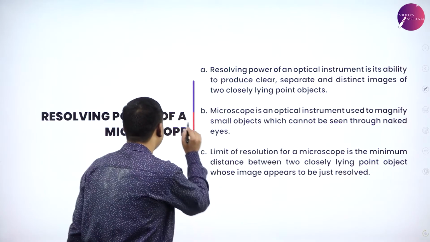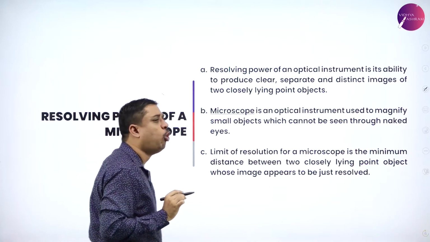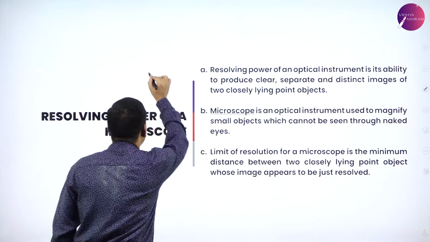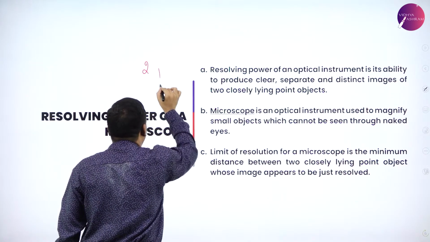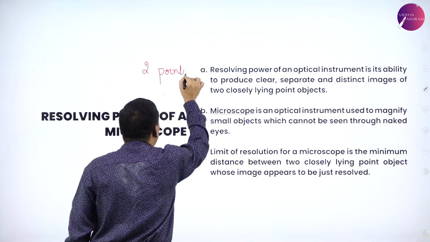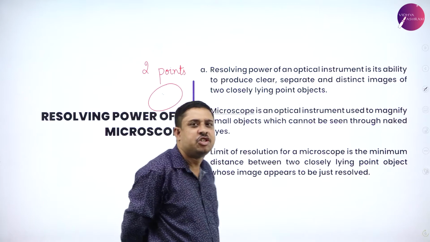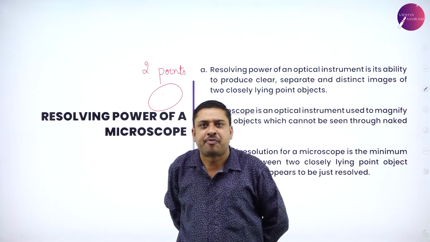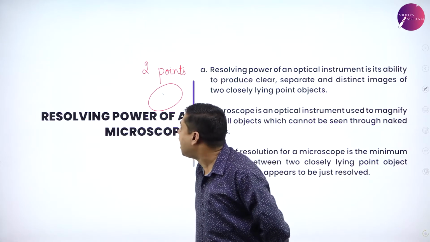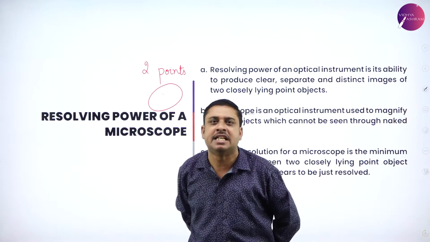Now, I place 2 dots or 2 points very close to each other. In this region, I have placed 2 points which are very, very close to each other.